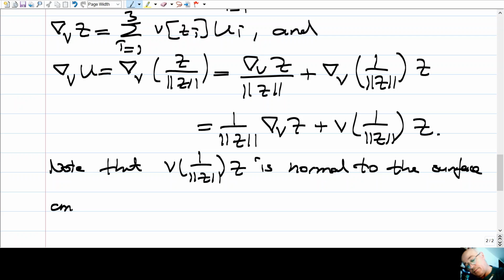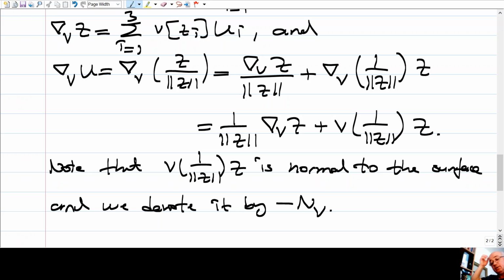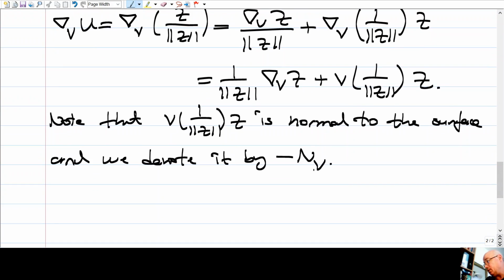And we denote it by minus NV, the normal direction corresponding to this field, the normal part of this field.